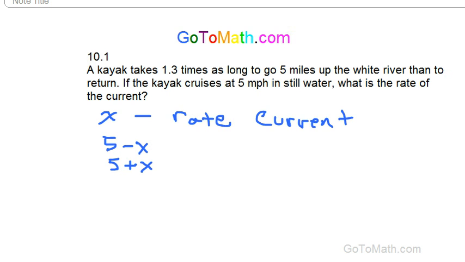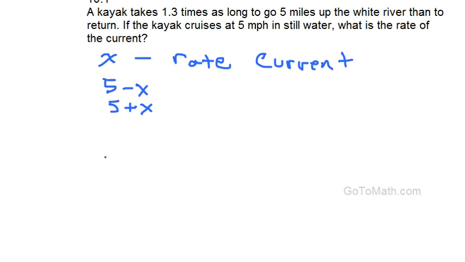All right, good enough. Okay. So we got the distance. Let's see, what is the rate of the current? So we're going to be using this guy again. Distance is equal to rate times time. You see that? We're going to be using that once again.